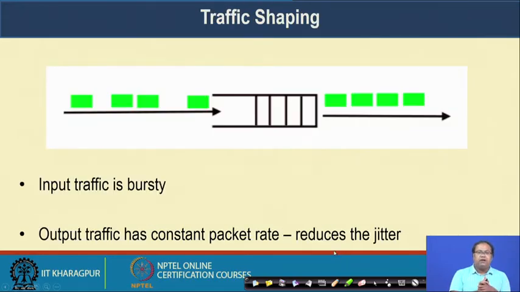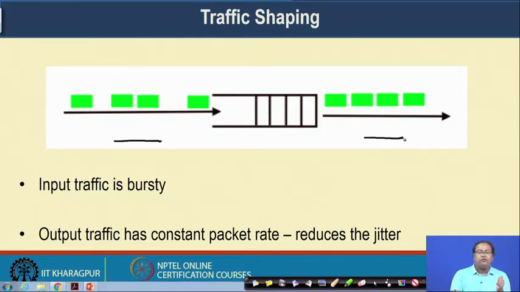So, here is the example of traffic shaping. You have irregular traffic at the input, and at the output you are getting regulated traffic, which, from the figure, you can directly see is minimizing the jitter in the network. The outflow traffic has a constant packet rate, so it reduces the jitter in the network.